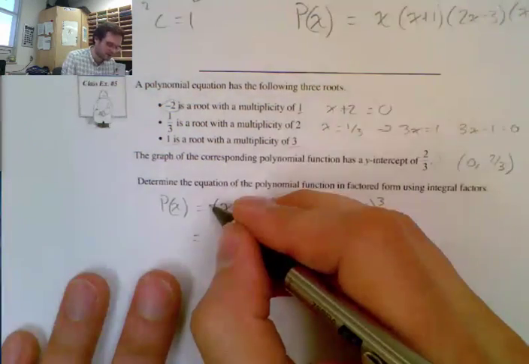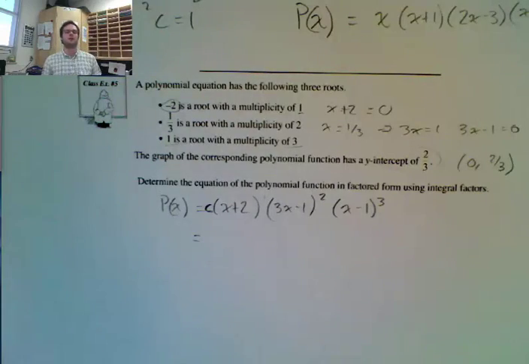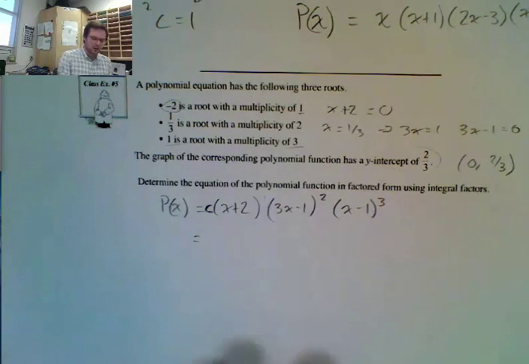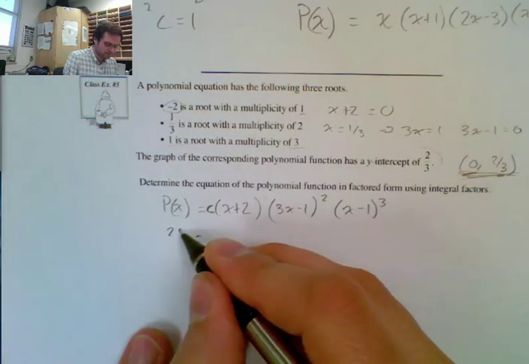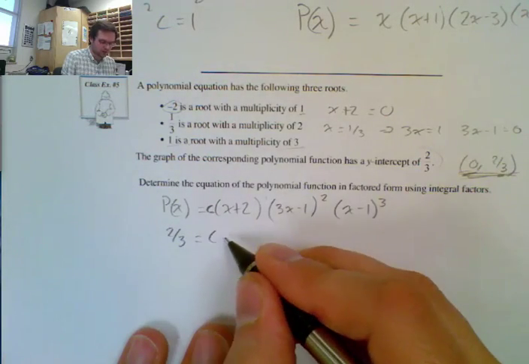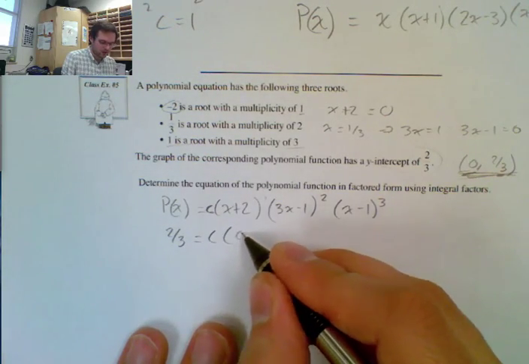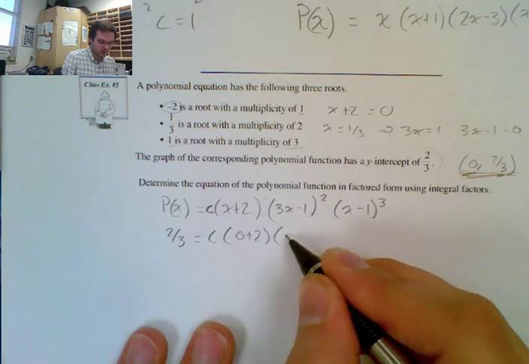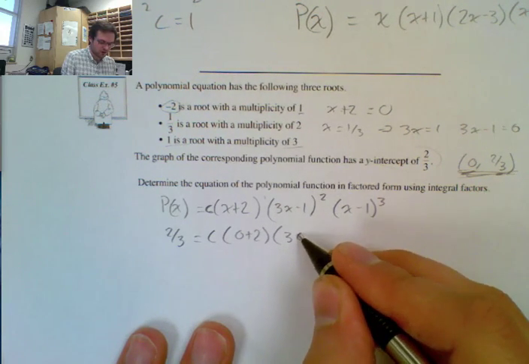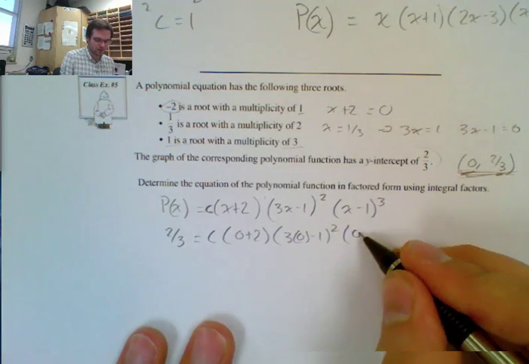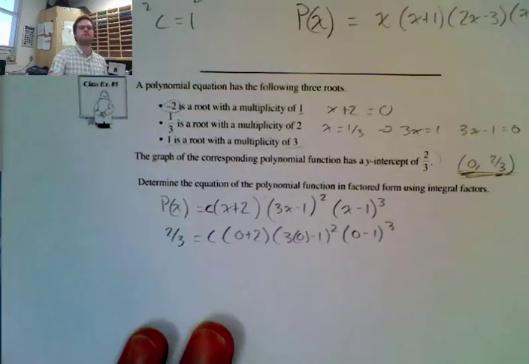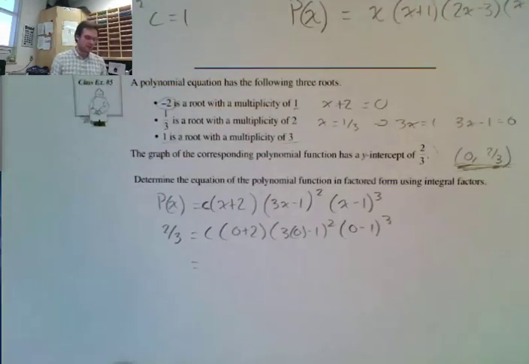All right, and there's a leading coefficient there. Now, we want to figure out what that leading coefficient is. Well, we know when x is 0, y is 2 over 3. So we're going to have c times (0 plus 2) times (3 times 0 minus 1) squared, and then we're going to have (0 minus 1) cubed. Now let's solve this out.